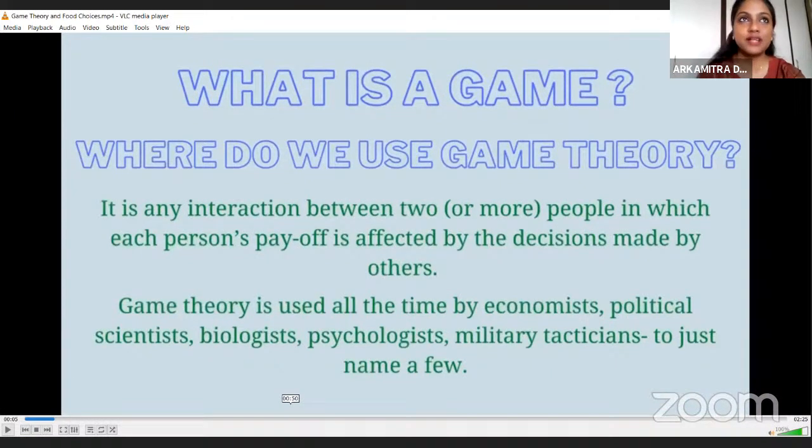Let's say one side of you wants to drink cold water, but the other side of you is warning you to not drink cold water because the weather outside is bad and you may catch a cold, right? So a game is an interaction between two persons or more, and this is how game theory works. It's used extensively by biologists, military tacticians, and politicians almost everywhere.